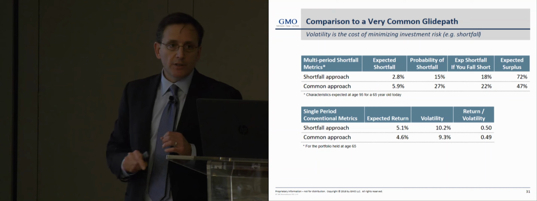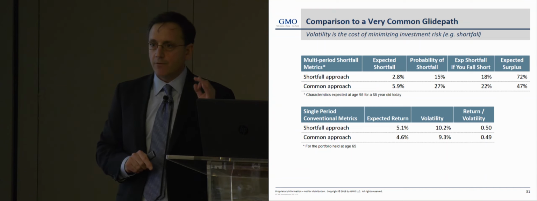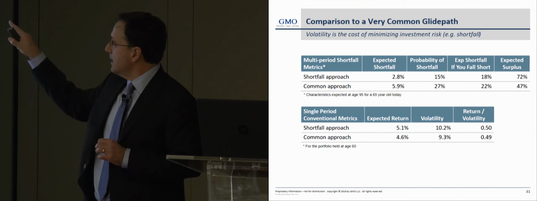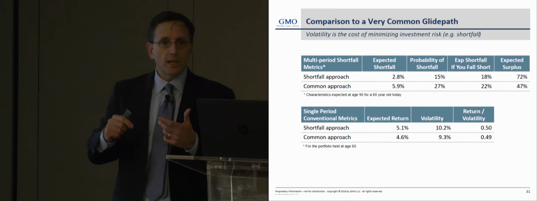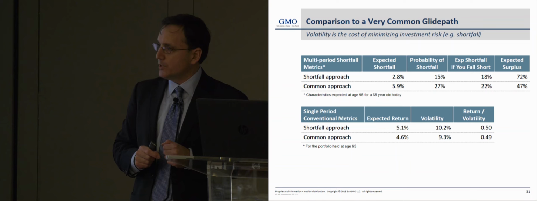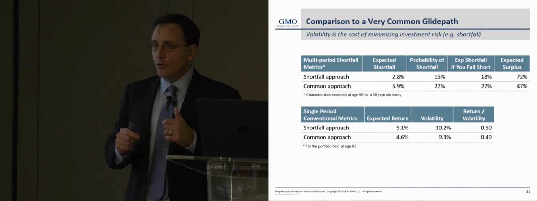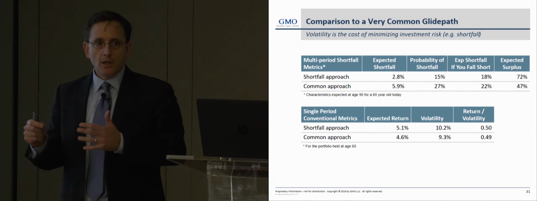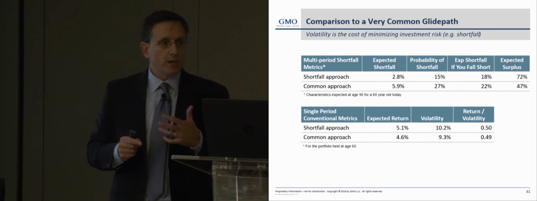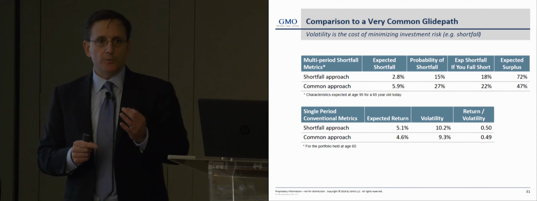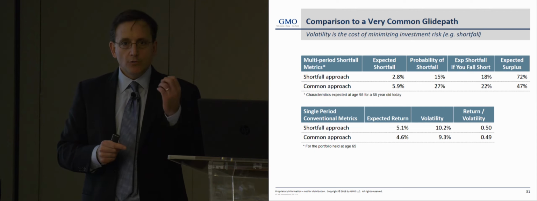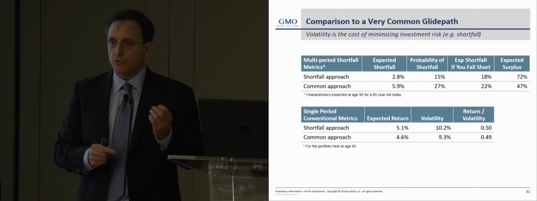That's much lower than the 27% that you would get from the competitive glide path. The expected shortfall, if you fall short, in our case, is 18% versus 22% in the competitors. So by construction, this is the metric that we are actually superior on. But fundamentally, the reason that we're superior is because we're asking the right question. Risk is not having what you need when you need it.